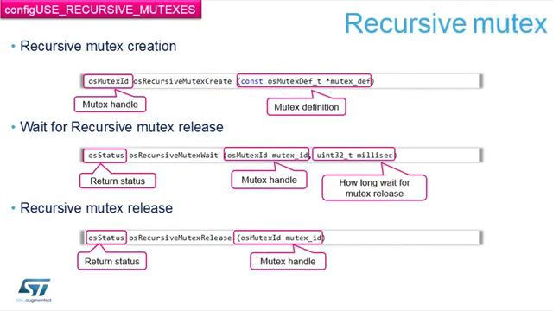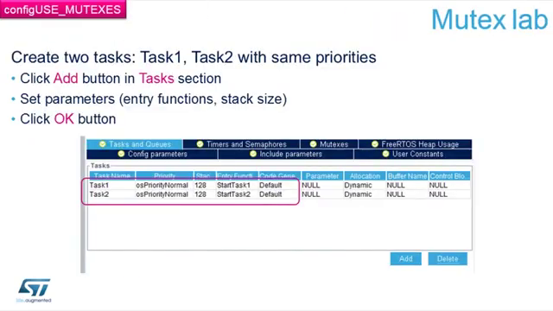The recursive one can be used within a single task to get the mutex several times, but return it only once. So it's not counting, but it allows you to get the mutex several times in the same task. So it gets a little bit easier for the code flow.